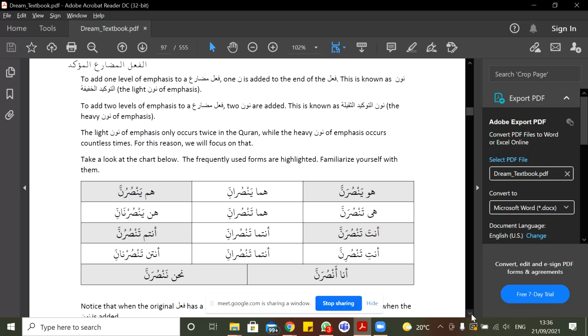Anti tansurina, anti tansurinna. Antuma tansurani. Antunna tansurnani. Ana ansuru, ana ansuranna. Nahnu nansuru, nahnu nansuranna. Very well done.